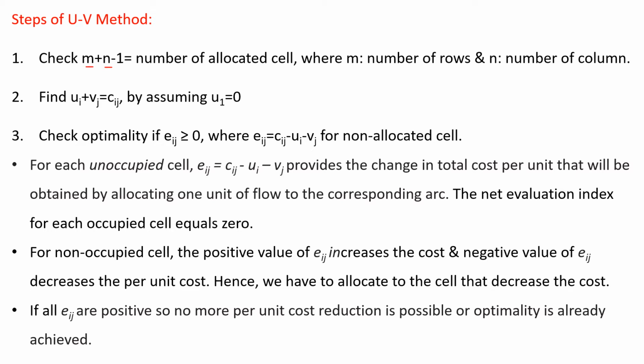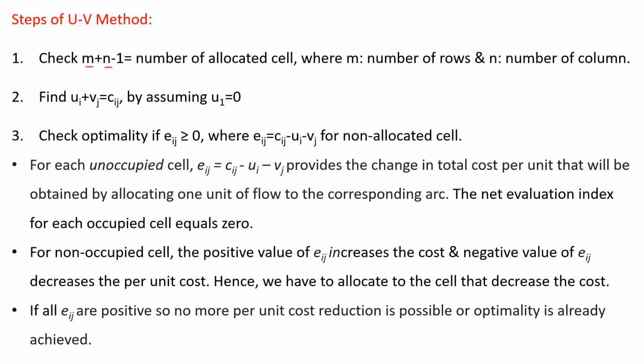Anyway, we will see with examples what Ui and Vj represent. The third step is to check optimality: if Eij is greater than or equal to 0, where Eij equals Cij minus Ui minus Vj. By the way, Cij is the per unit cost for non-allocated cells.